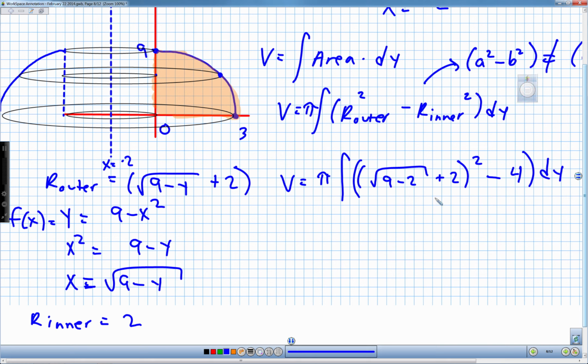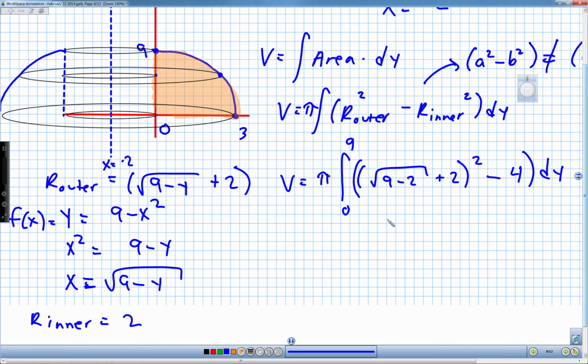And then we need to figure out my limits of integration. Since we're focused now on the y-axis, we're going to be traveling from 0 to 9. And then we compute that integral.